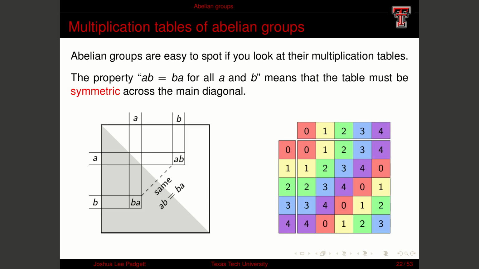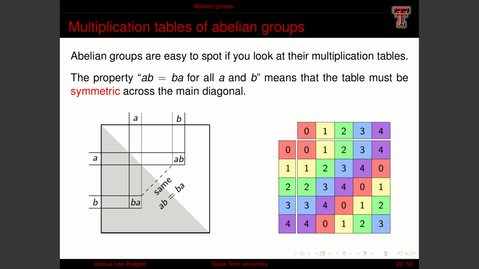Now, abelian groups are pretty easy to spot if you look at their multiplication tables, because this property means I need symmetry across the main diagonal. Let's think about it like this. If you just made a grilled cheese sandwich, growing up for me, you always cut it diagonally in this way. I'm not sure why. I think it's because it's easier to dip into tomato soup, apparently.